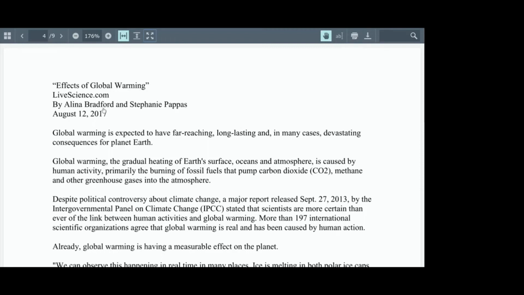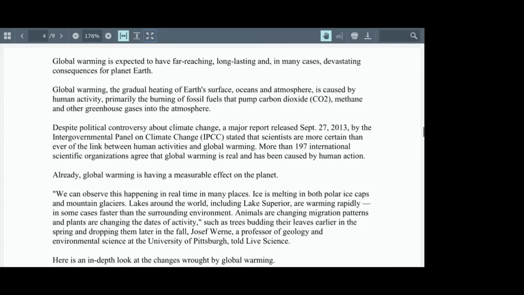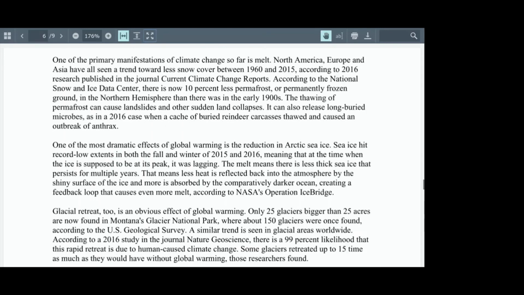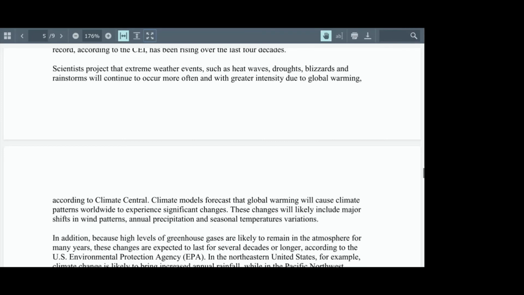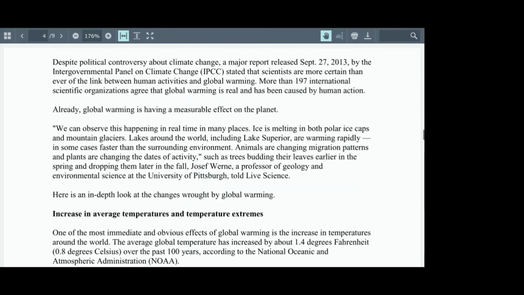So I'm going to write the word Bradford, the word and, Pappas, I don't mean first names, and whatever page it's coming off of. So this is page 4. It's the last set of pages here. It's kind of a long one. So I'm going to pull both their last names and put them in citations with my page number.